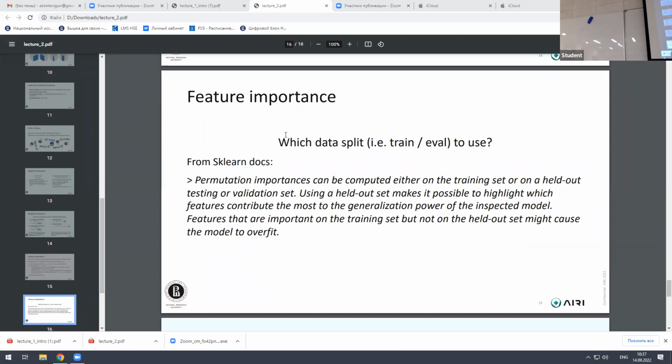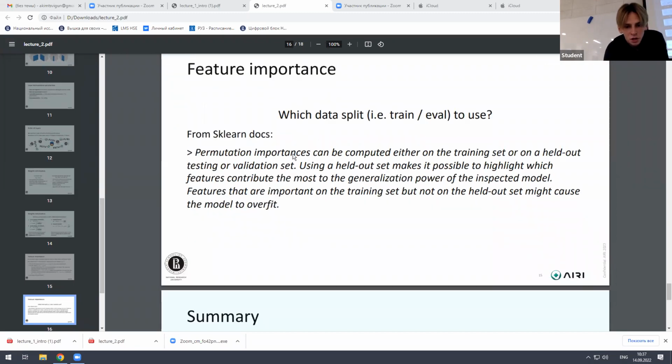The features which have high importance on the training set, but not on the evaluation set, might cause our model to overfit, since they do not enhance the generalization capability of a network. So that's how this algorithm can also be used for detecting features which help our model to overfit.